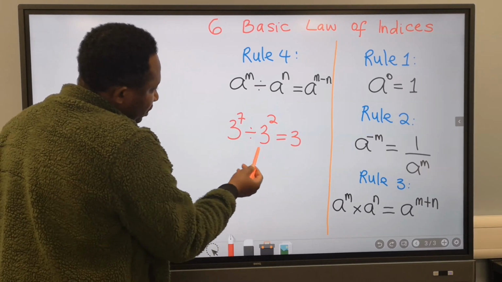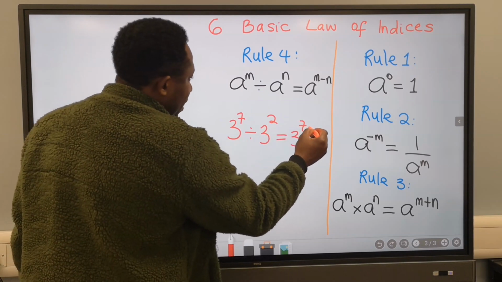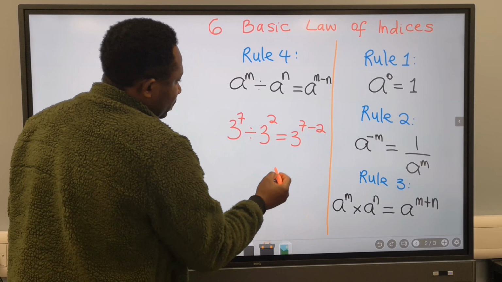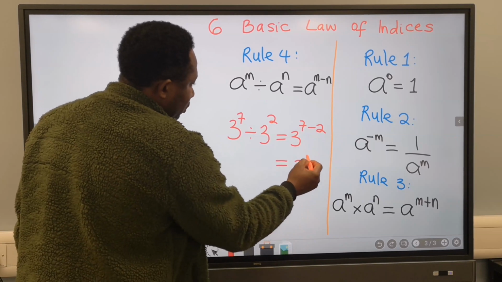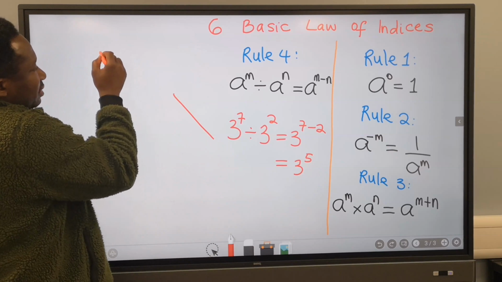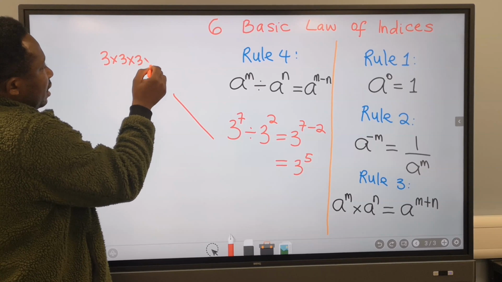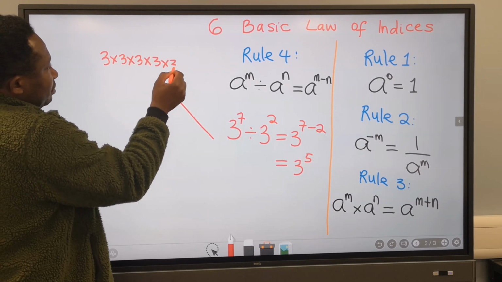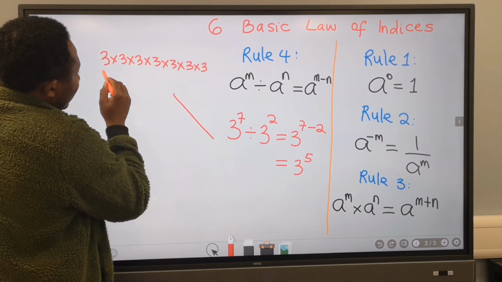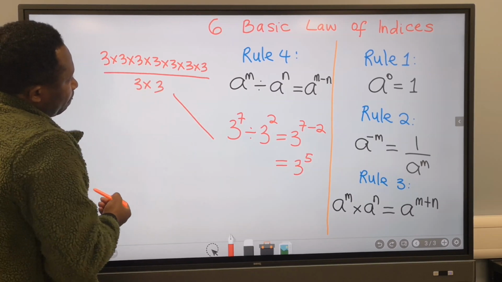If they are not the same, I can't do this. I'm going to have 7 minus 2. And we're going to have 3 to the power of 5. This is like having 3 times 3 times 3, doing this 7 times, and dividing it by 3 times 3.